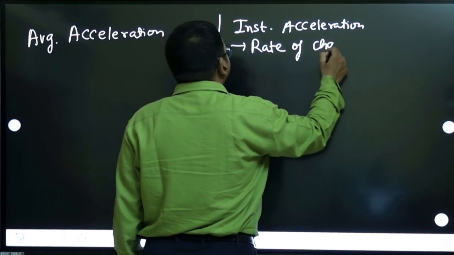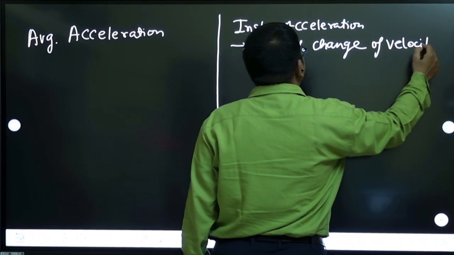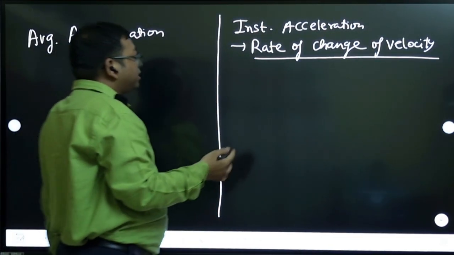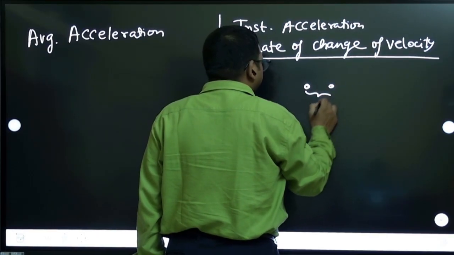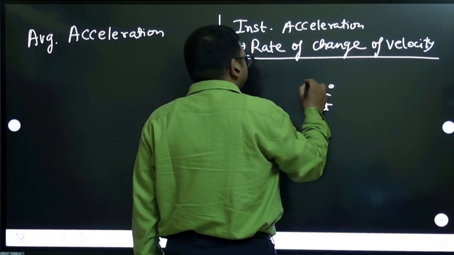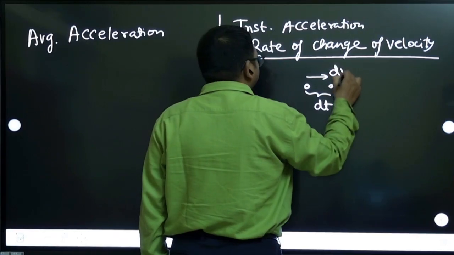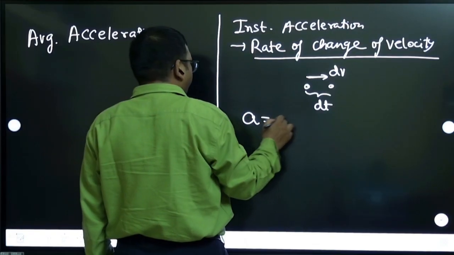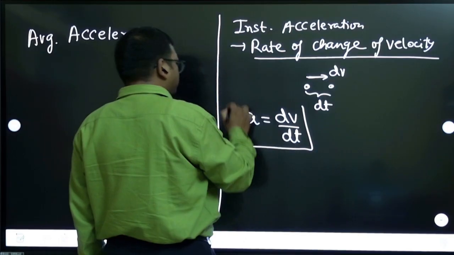So instantaneous means, let us say you take a very small interval of time dt, and during this interval the velocity changes, dv is the change of velocity. So acceleration is defined as dv by dt. This is the instantaneous acceleration.